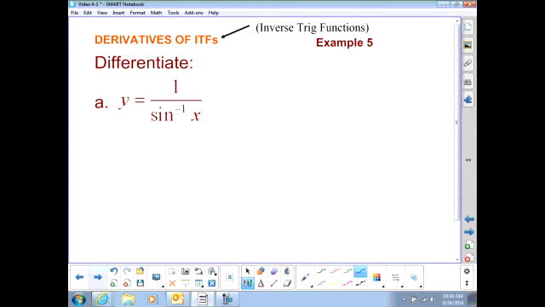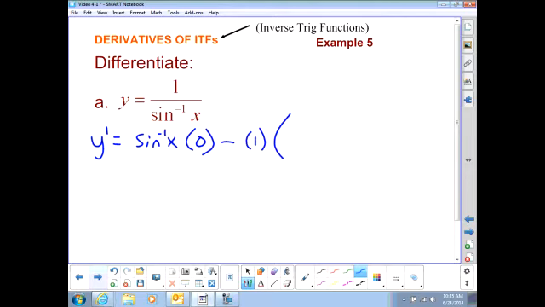So let's see if we can use this in a problem. We want to do the derivative of 1 over inverse sine x. Well, we've got a quotient, so we'll just do quotient rule. So y prime is equal to low d high, derivative of 1 is 0, minus high d low.